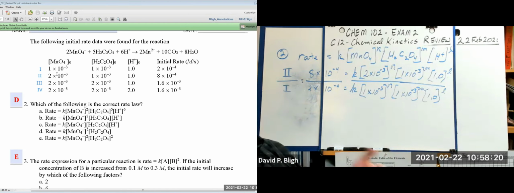2 NOs. Okay. And then we have an intermediate, and an intermediate disappears there and produces 1 NO2 plus another intermediate. That intermediate O disappears with this step. That's good. Then we get another NO, which produces a second NO2. So that means there are 3 NOs. So C can't be right.